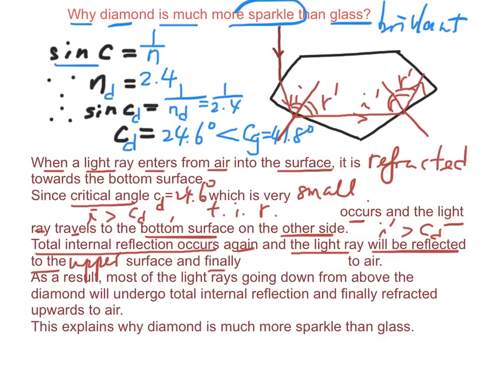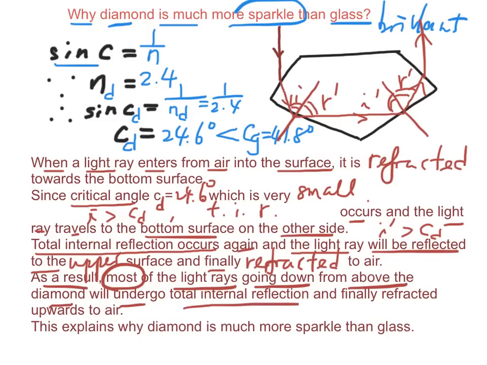And finally, it refracts to air. As a result, most of the light waves going down from above the diamond will undergo total internal reflection and finally reflect upward to air. This explains why diamond is much more sparkly than glass.